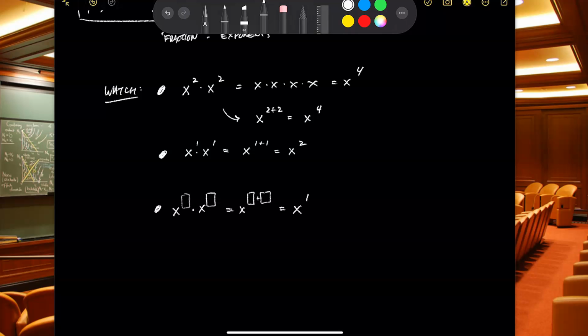What could that be? What if it were 0.5 and 0.5, or 1/2 and 1/2? Doesn't this work out? What's a half plus a half? Yeah, it's equal to 1. So this should work.